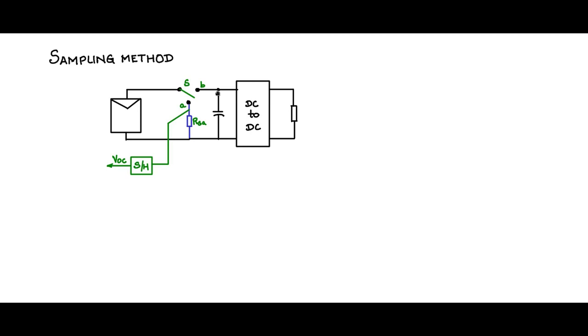And where do you get VT? The voltage across this buffer capacitor will give you the actual array voltage. So let us say that is also passed through another sample and hold. We will get VT, the terminal voltage, what is expected of the array.